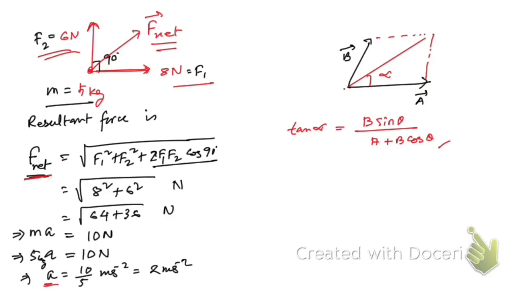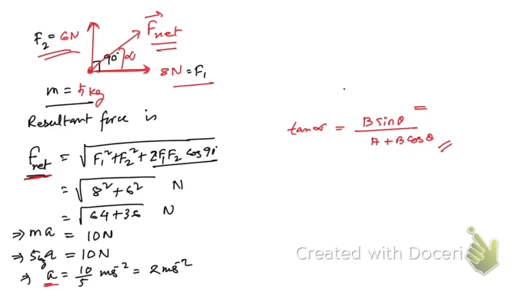So let us apply this. If the angle between F net and F1 force is alpha, in that case here we're going to replace this A by F1, and we're going to replace this B by F2.